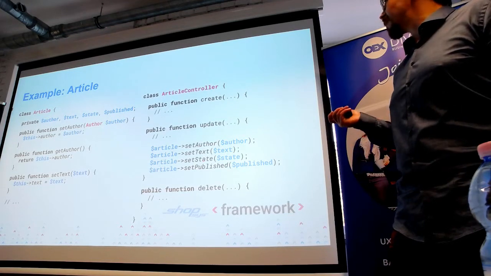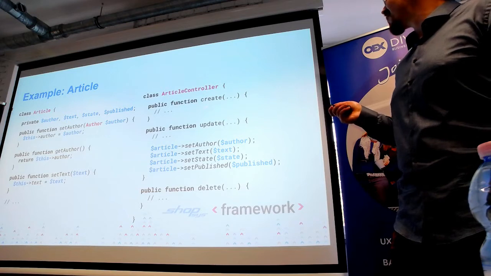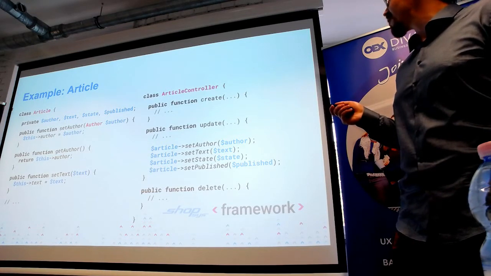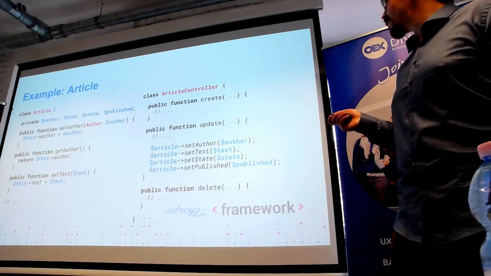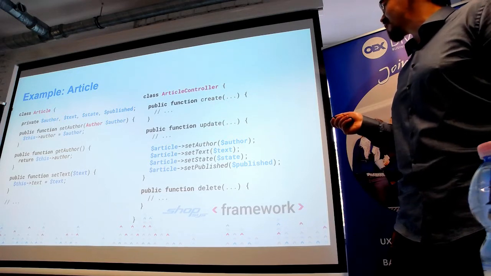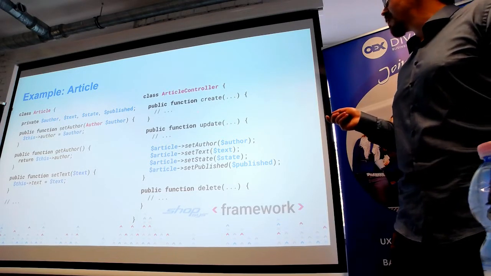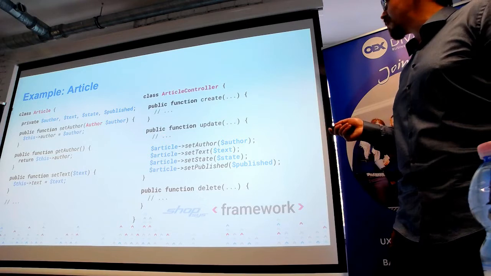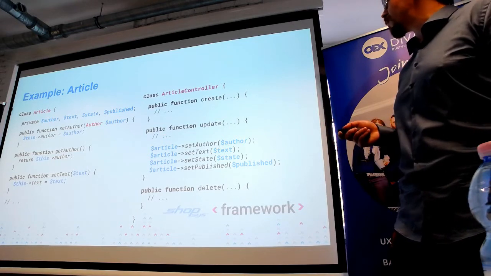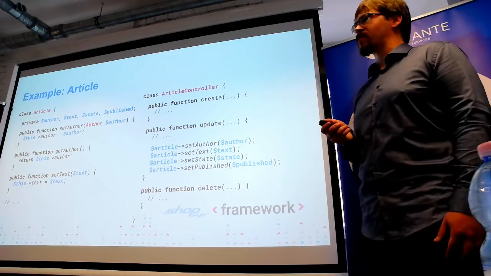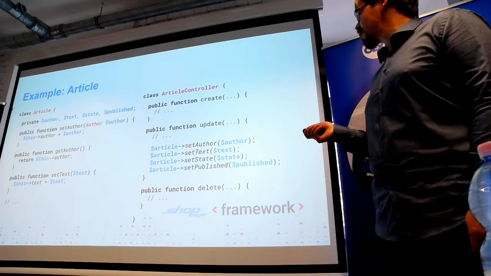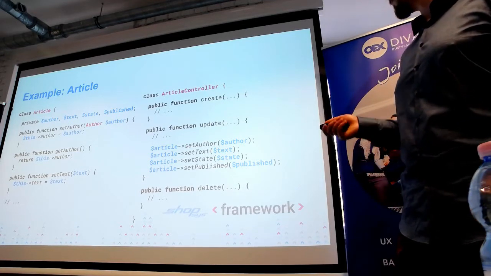It has no read, but it's not important for this presentation. Here we have some update that gets some request, somehow gets an article and parses those 4 attributes from the request and simply uses a setter.